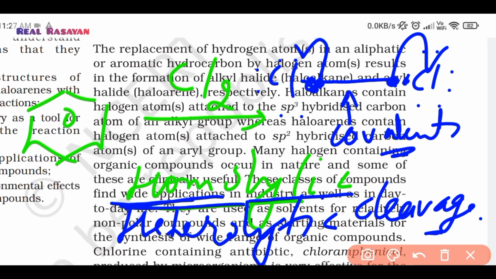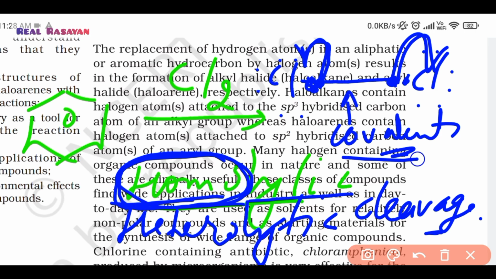While breaking this covalent bond, there will be an equal distribution of these two bonded electrons. One is on this atom and the second one is on the other atom. So this equal distribution in the breakdown of the covalent bond is homolytic cleavage, and homolytic cleavage generates free radicals.